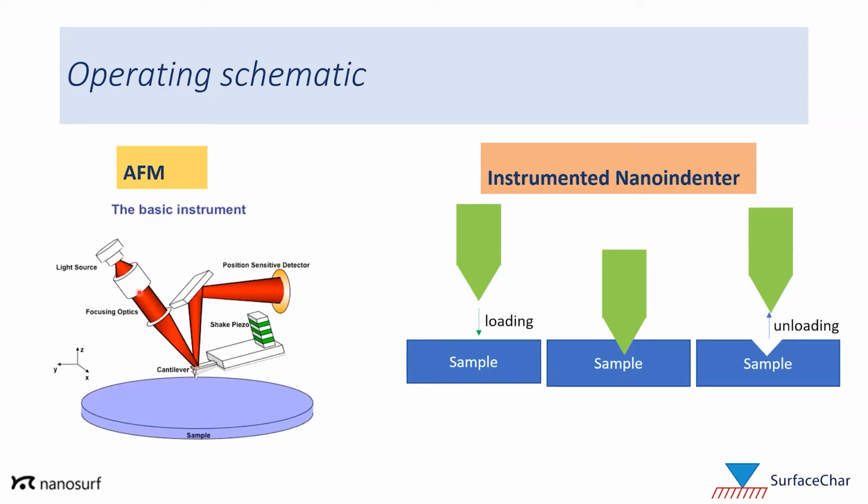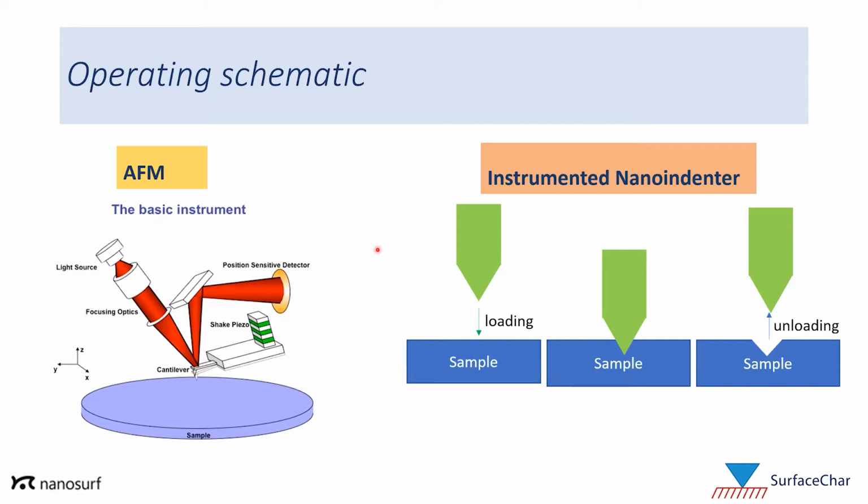And then we have a laser reflected off the back end of the cantilever that's directed towards a position-sensitive detector to track the motion of this cantilever as it interacts with the sample. Now, when it interacts with the sample, it can twist, it can move up and down, it can move laterally, a lot of different ways this cantilever can move. And we track both the sideways and up-down motion with this laser.